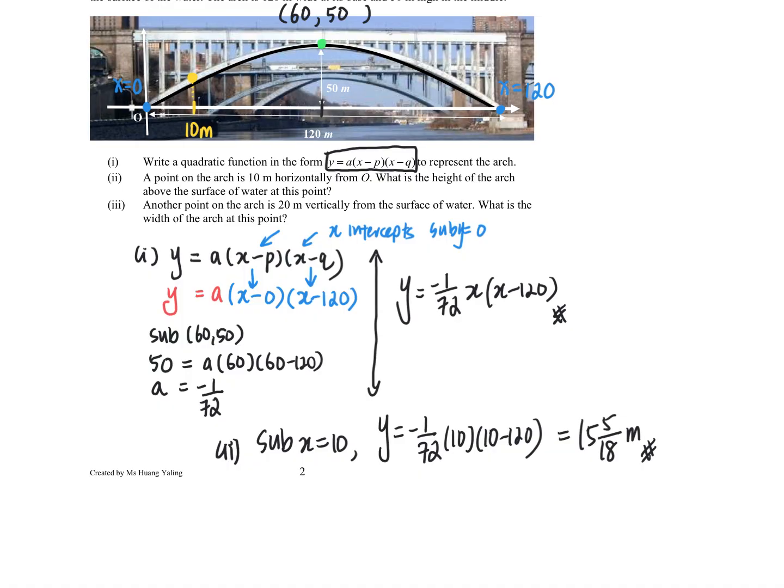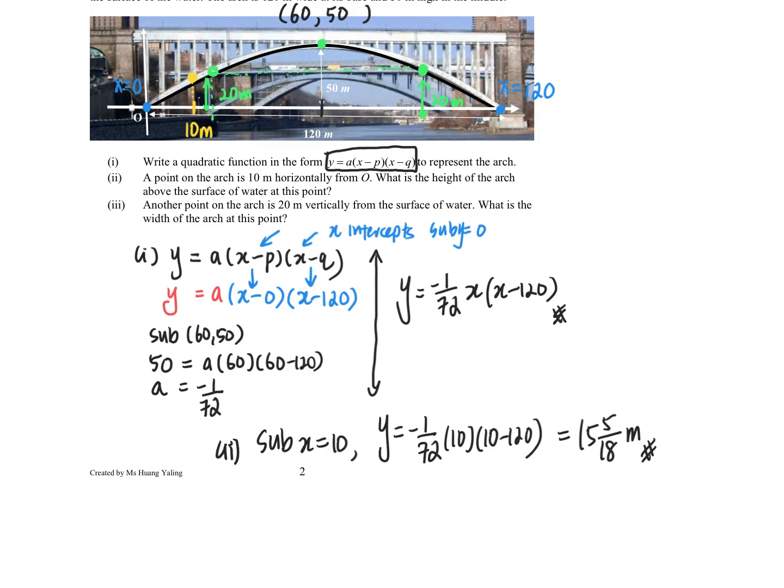Okay, part 3, they say, I have another point on the arch that is 20 meters vertically above the surface. So let's say it's here. I don't know where, but this is 20 meters. In fact, you know that there is another, because it's symmetrical, right? There is another point here that also has a height of 20 meters above the ground.